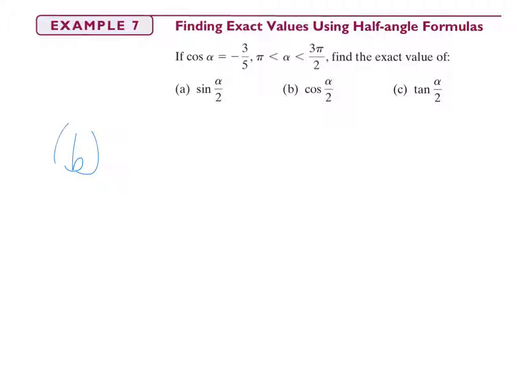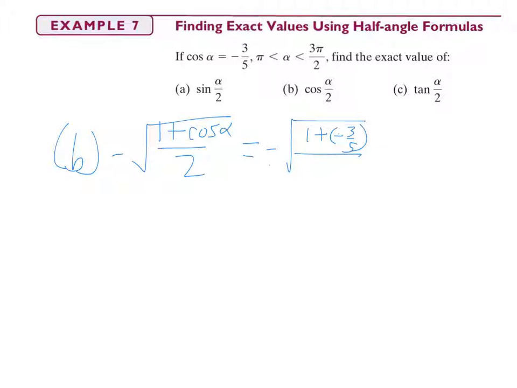Alright, for part B, cosine of alpha over 2. Remember, cosine is also negative in the third quadrant, so we want the negative square root of 1 plus cosine of alpha over 2. So it's negative square root of 1 plus negative 3/5 all over 2.